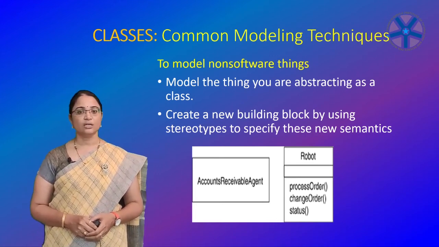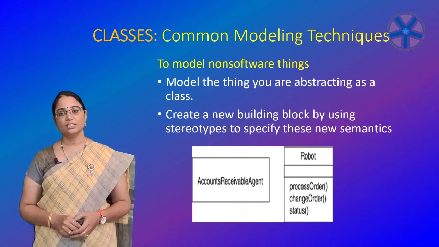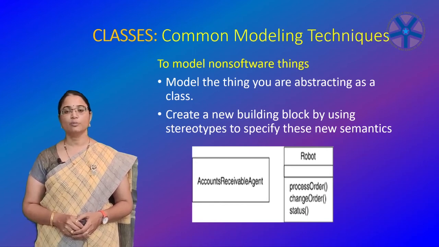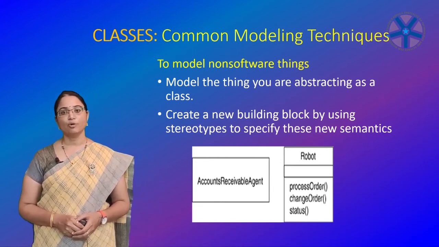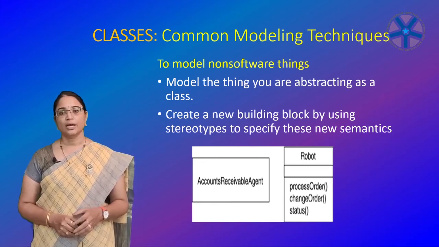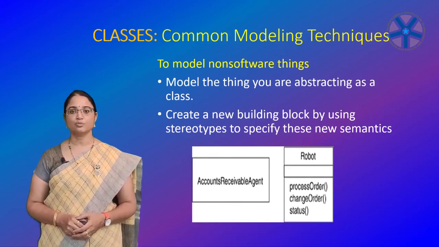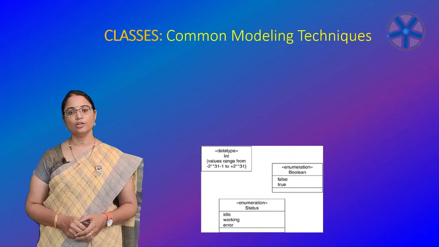Here, if you see the figure, we have accounts receivable agent and robot. So these are two non-software things that can be modeled by using classes. It is perfectly normal to abstract humans and hardware like robots as classes, because each represents a set of objects with a common structure and a common behavior. So this is regarding how to model non-software things.